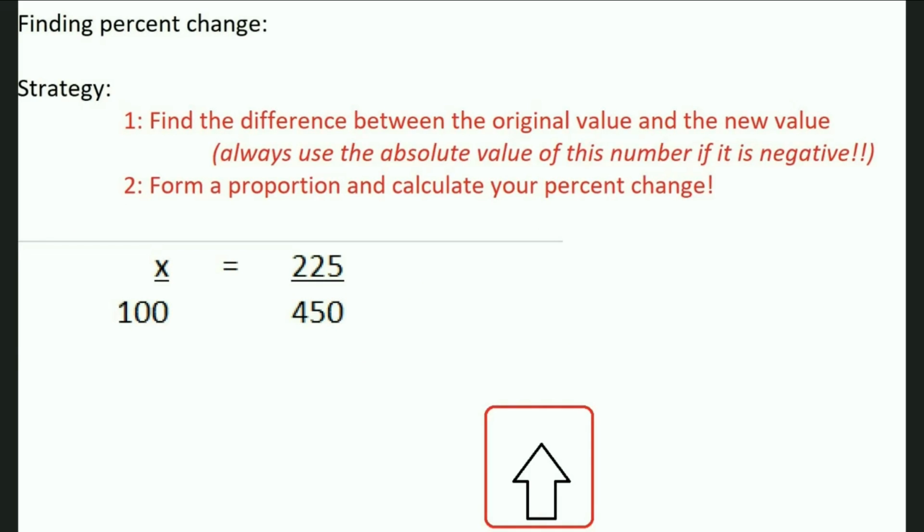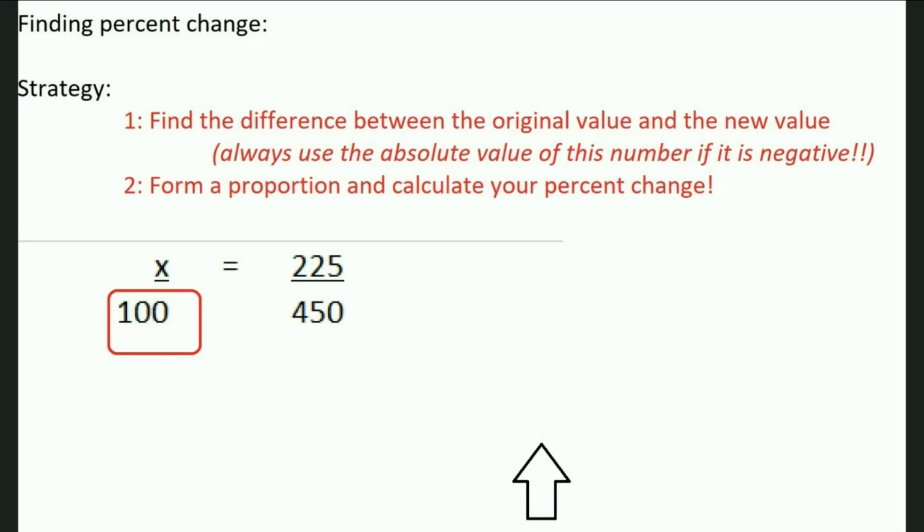Here we're looking at x over 100 equals 225 centimeters over 450 centimeters. Our original value was 450 centimeters. Remember, this is a percent increase.